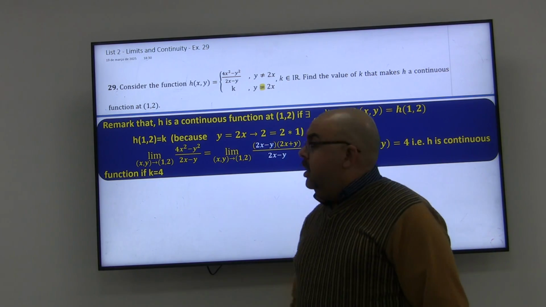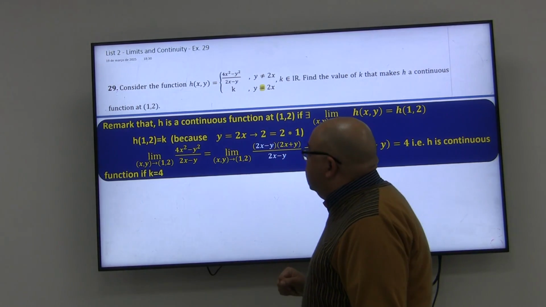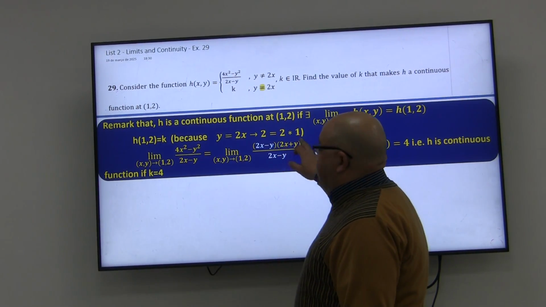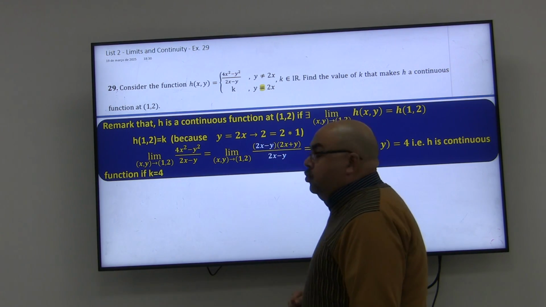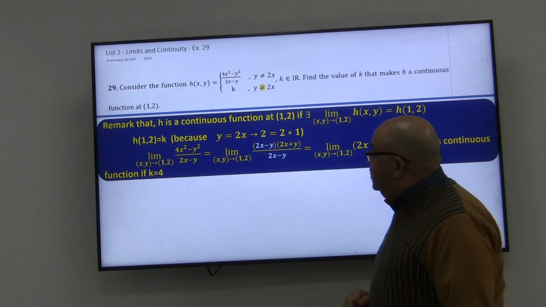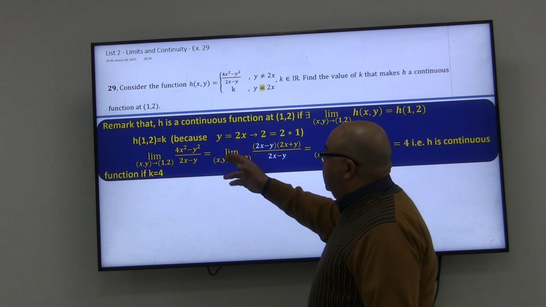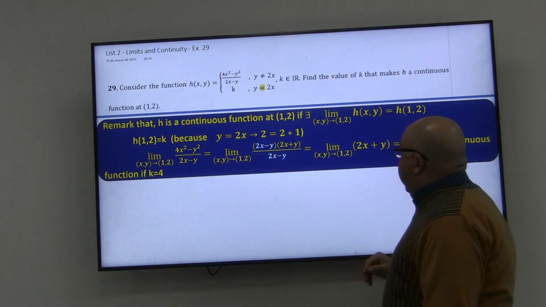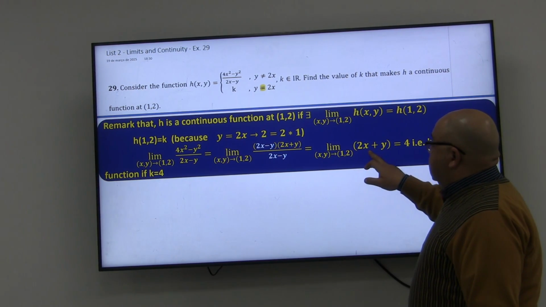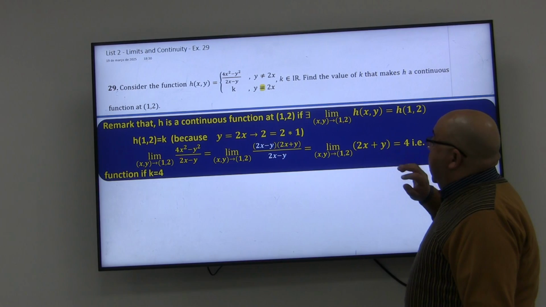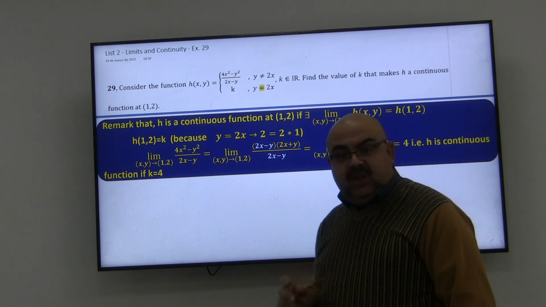So I start by factorizing the numerator, which is going to be (2x minus y) times (2x plus y), divided by (2x minus y). Then I will eliminate these two parts together. What's going to remain is the limit as (x, y) tends to (1, 2) of 2x plus y. Then I will make the substitution, replacing x by 1 and y by 2, I will have 4, which means that the limit of the function is equal to 4.